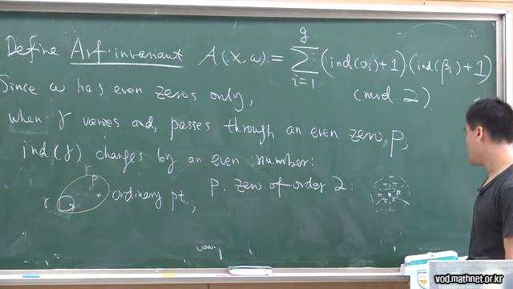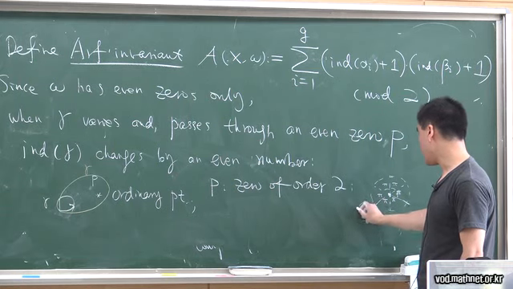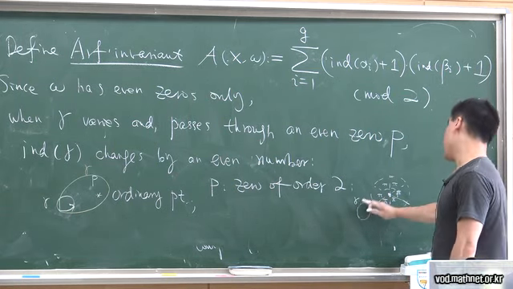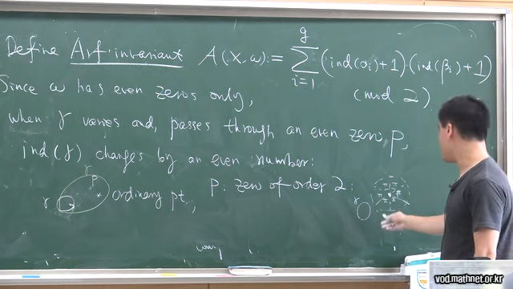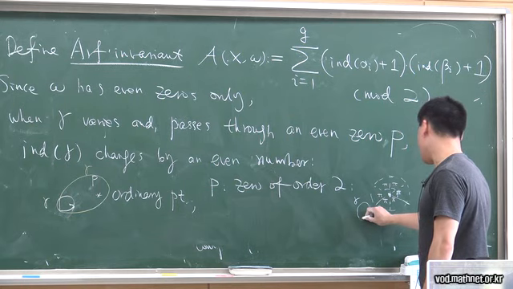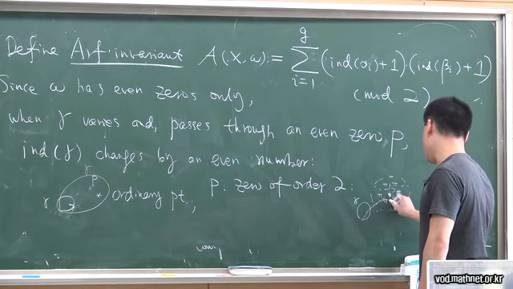Now if I have a loop gamma here, and I deform it by passing this zero, you come in and you go out.